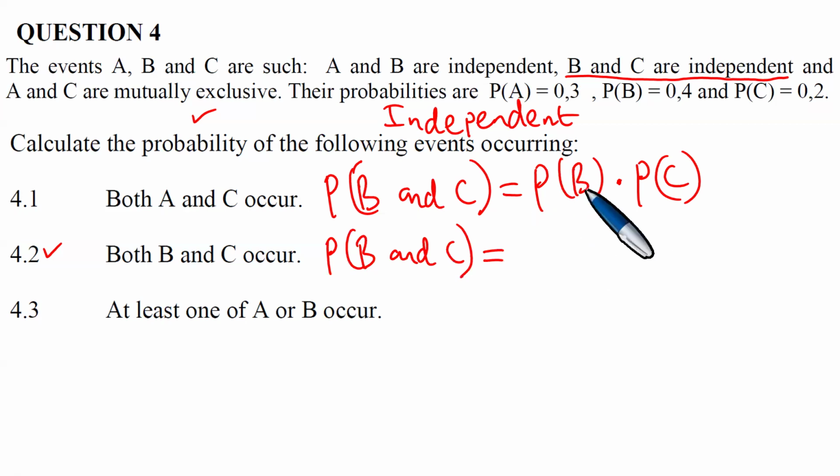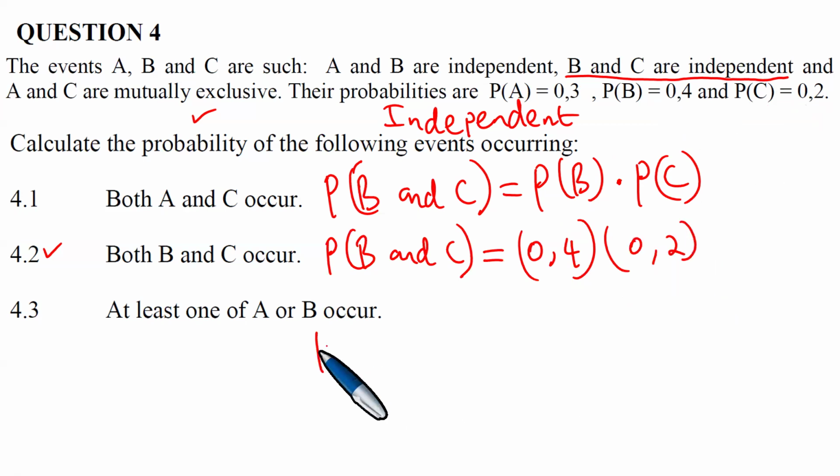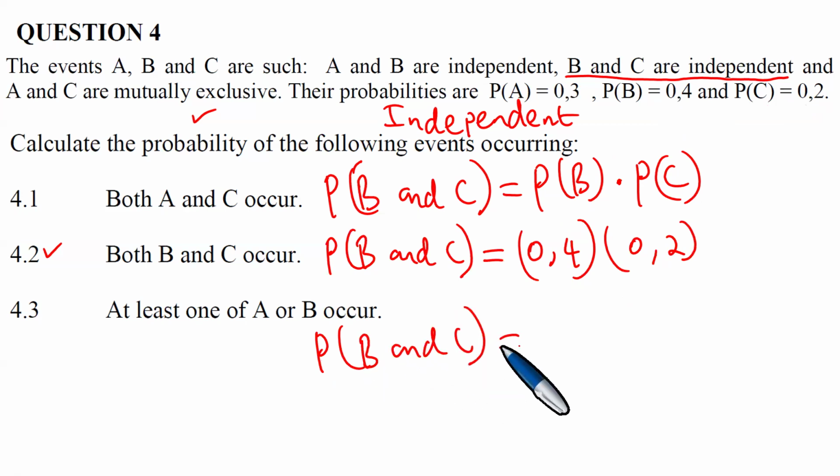What is the probability of B? It is 0,4. We write that one down. The probability of C is 0,2, precisely. So the probability of B and C equals the product of 0,4 and 0,2.